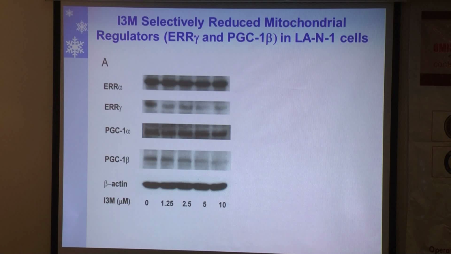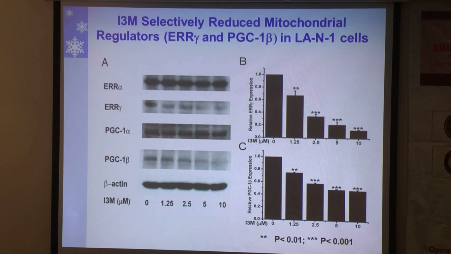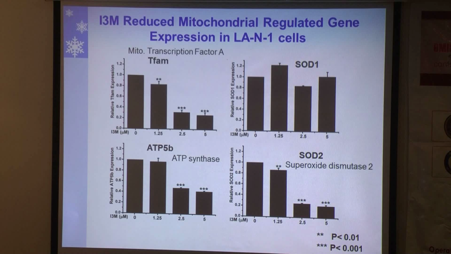You can see from the Western blot there's a clear difference: a down-regulation of ERR gamma and a down-regulation of PGC1 beta. And this is the result of 3 experiments. Similarly, we looked at the gene expression of mitochondrial regulated genes, for example, mitochondrial transcription factor A, and also the ATP synthase, which is involved in ATP production, and also the antioxidant enzyme superoxide dismutase.